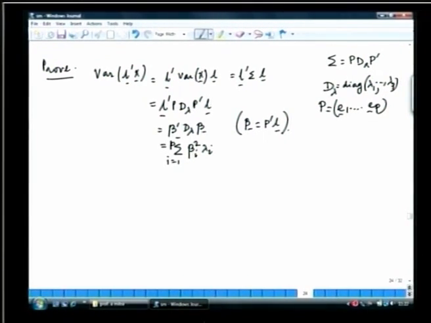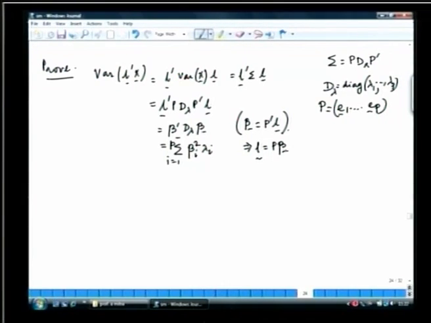Now, I have beta is P prime L. So, this also implies that L is obtained by simply pre-multiplying with P transpose inverse. That is possible because P is an orthogonal matrix, and since P is orthogonal, L is nothing but P beta.